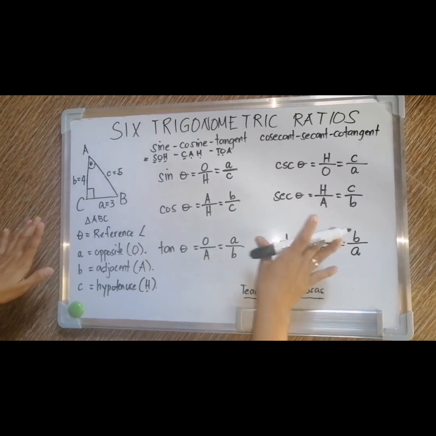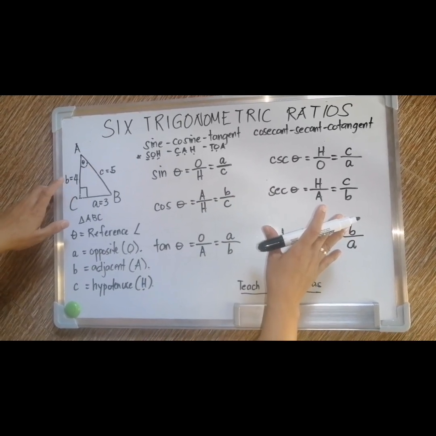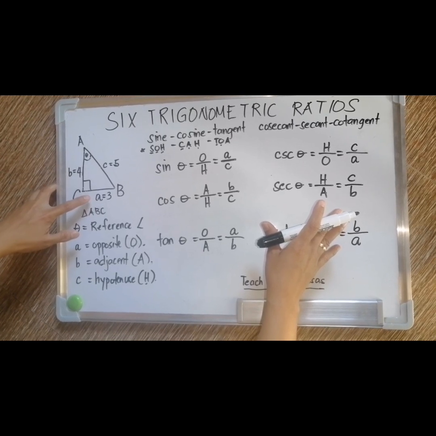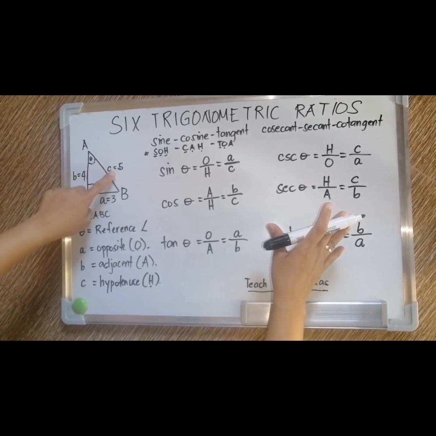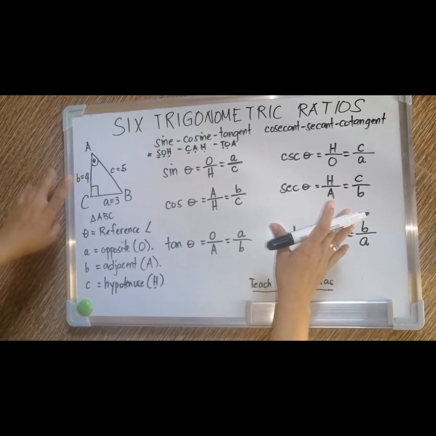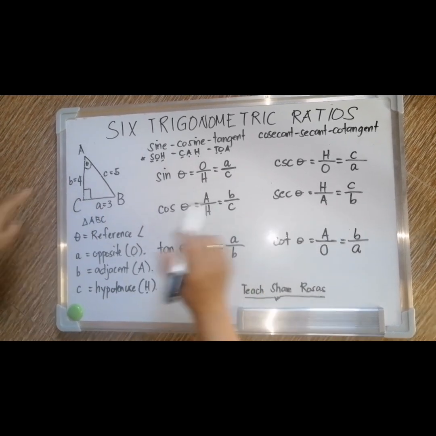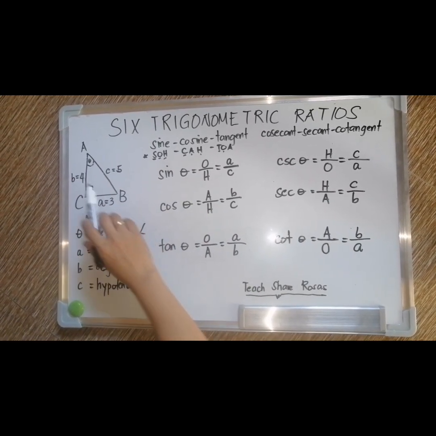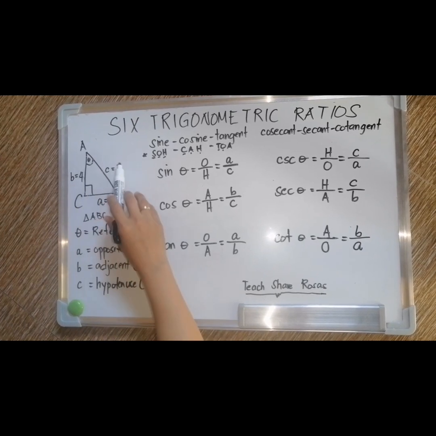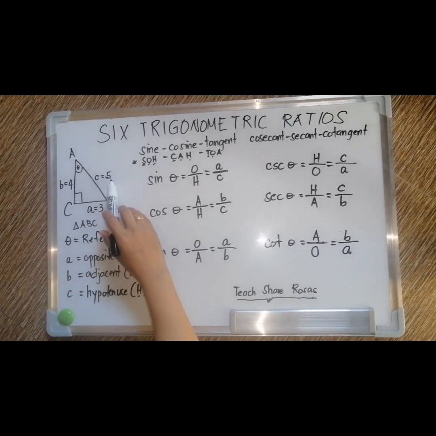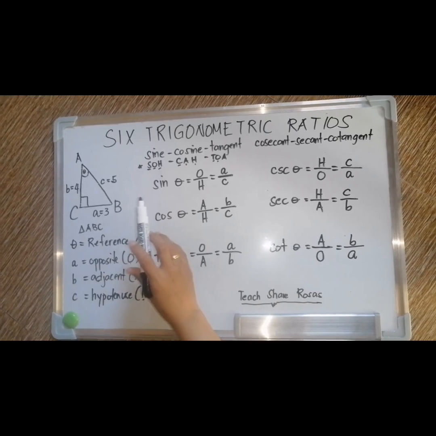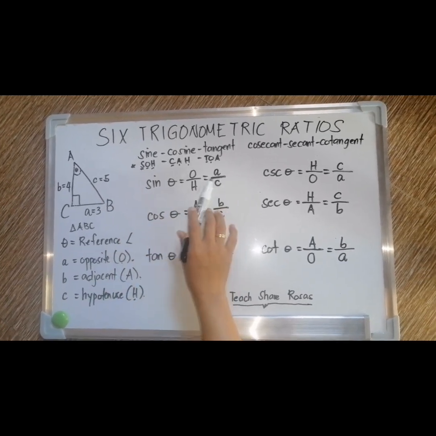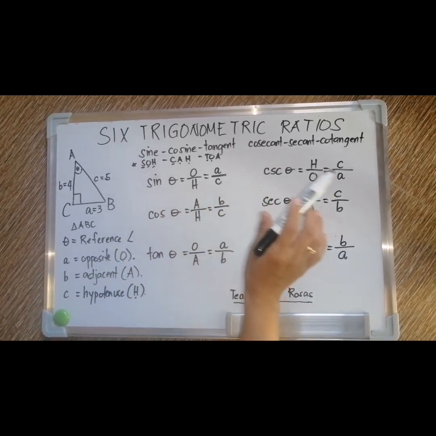So, say for example, if the sides here, side A, side B, side C, have values. For example, side A has 3 units, side B is 4 units, and side C is 5 units. So, given those values, we can also identify the 6 trigonometric ratios.